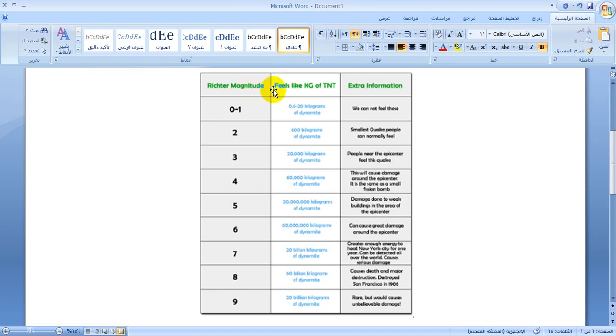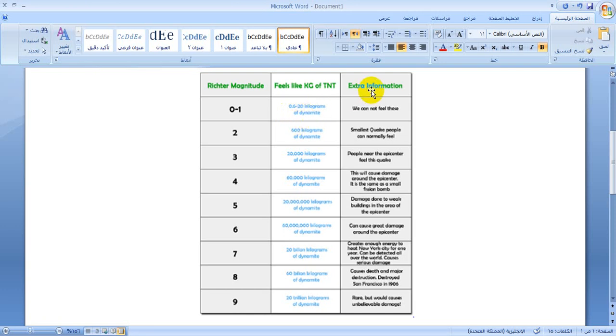the equivalent magnitude in kilograms of TNT. So, when it is measuring from 0 to 1, the second column says from 0.6 to 20 kilograms of dynamite.